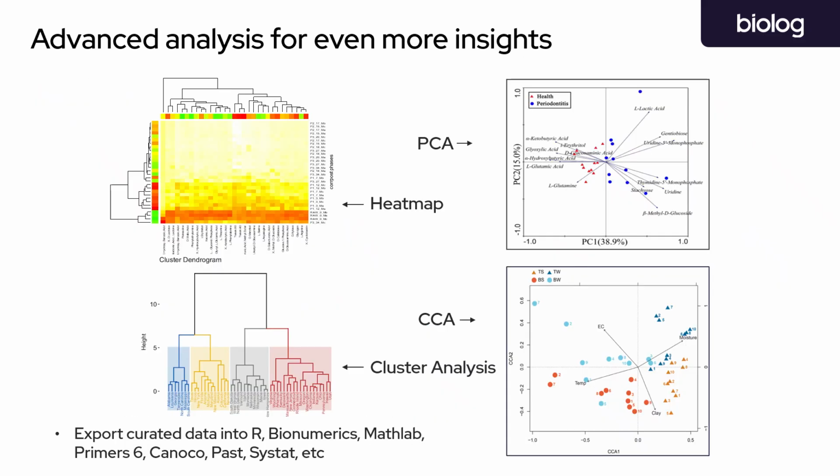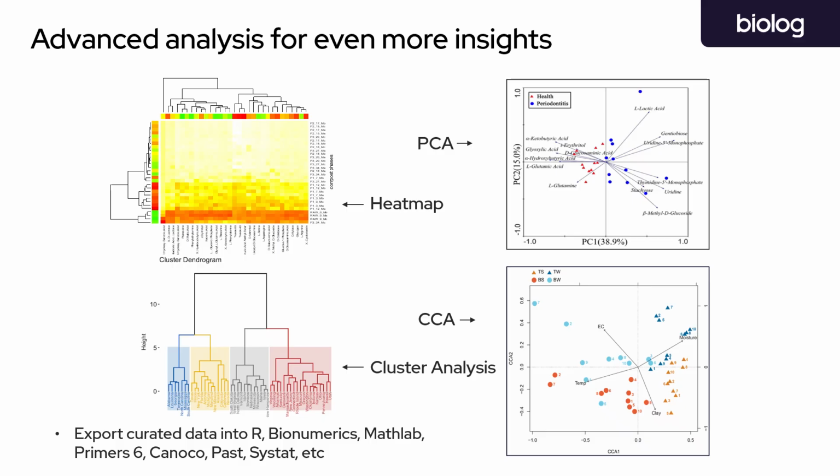Some more advanced analysis beyond these summary metrics can be done by analyzing EcoPlate data using multivariate techniques, right? Some common approaches are heat maps, where you just stack different plates that you've read across different conditions, for example.